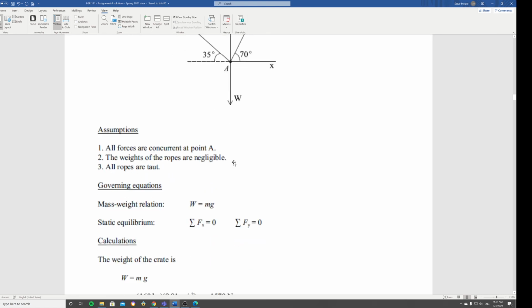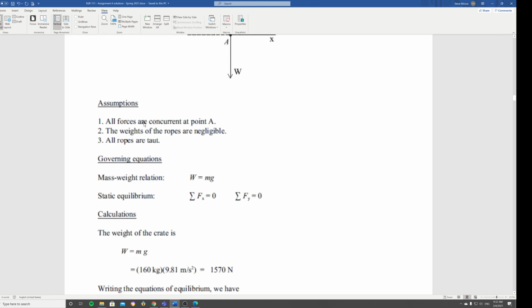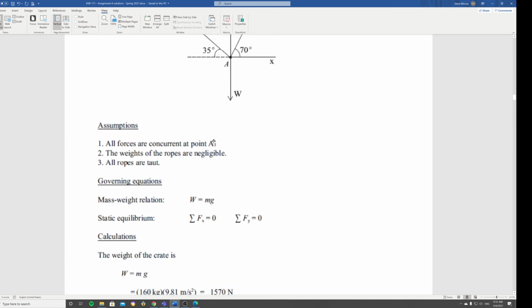The first part of this is that we can make some assumptions here. All forces are concurrent at point A, meaning they all basically meet at point A. The weight of the ropes is negligible. This problem didn't give you anything about that. And the ropes are taut, or tight, meaning they're pulling.